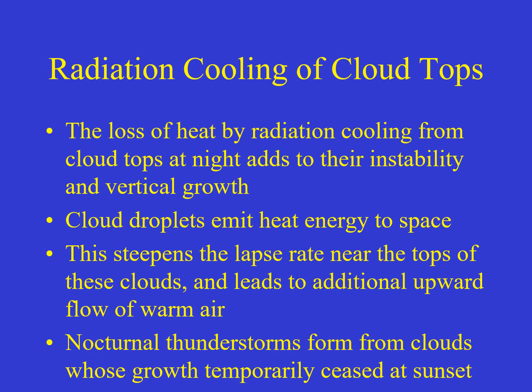So the loss of heat by radiation cooling from cloud tops at night can add to their instability and vertical growth. In other words, you're releasing heat with that condensation. So cloud droplets emit heat energy to space. This deepens the lapse rate near the tops of these clouds and can allow for additional upward flow of warm air.